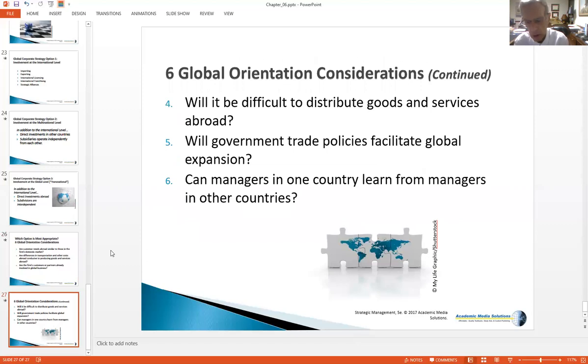Will it be difficult to distribute? Of course, we were just talking about India's roadways. What about a product that has to be refrigerated, a food product? Supermarkets and food distribution companies in countries, again, like India, are not as well set up and not as well endowed with refrigeration plants and freezers and the like as in this country.